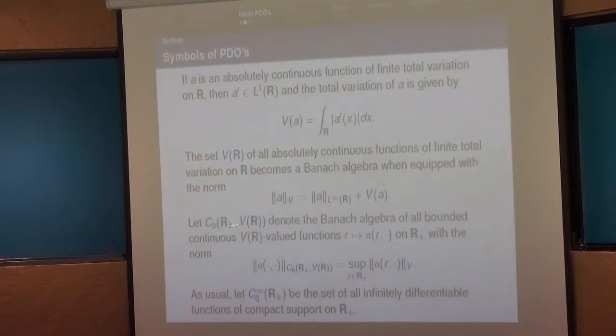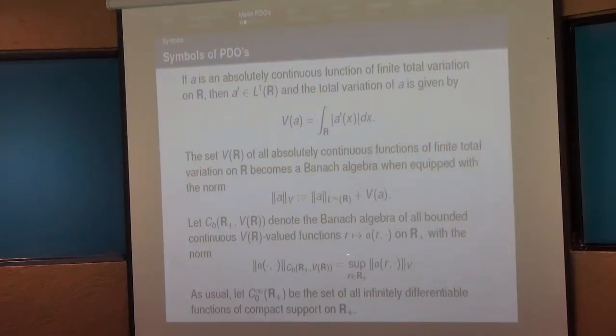Now we consider a set of symbols of pseudo-differential operators. This function depends on two variables. Spatial variables run through the positive half line. Dual variables run through the real line. So this is the set of all bounded continuous V(R)-valued functions defined on the positive half line. This again is a Banach algebra of all bounded continuous functions with the following norm.